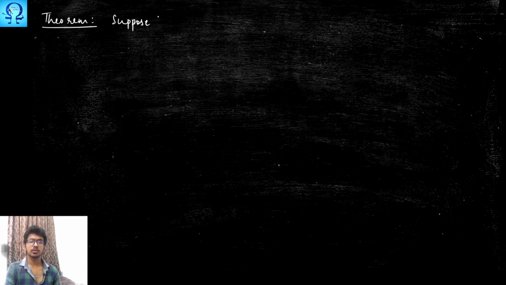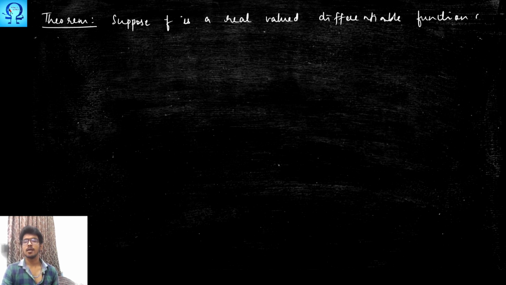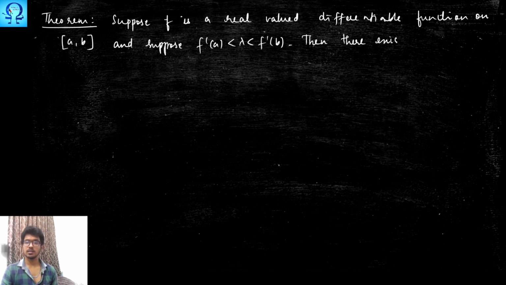Here, let us suppose f is a real valued differentiable function on the closed interval AB, and suppose f prime of A is less than lambda, which is less than f prime of B. Then there exists a point x in the interval AB such that f prime of x is lambda.